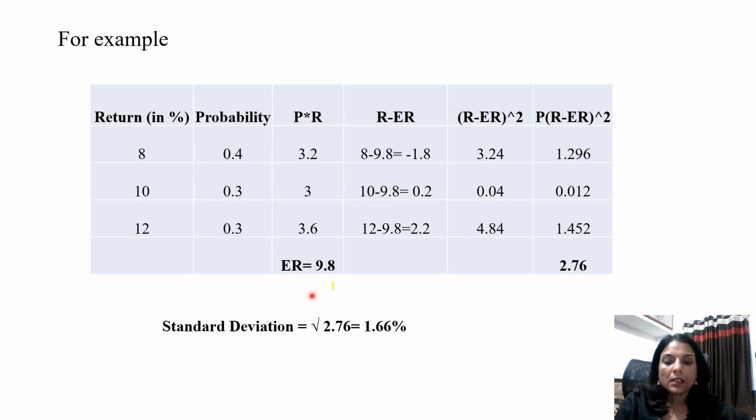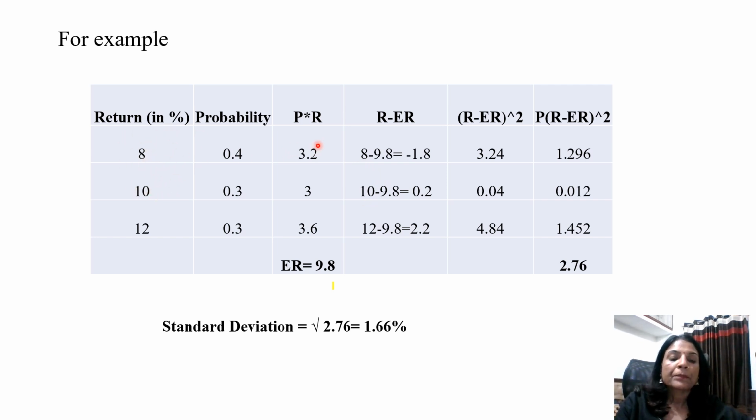Coming to the standard deviation, if you remember this format, it will be very easy to calculate the standard deviation. The first column is your return, the second column is the probability, and the third column you calculate by multiplying the return by the probability, that is P into R. Now, the expected return we have calculated should be subtracted from the percentage return.